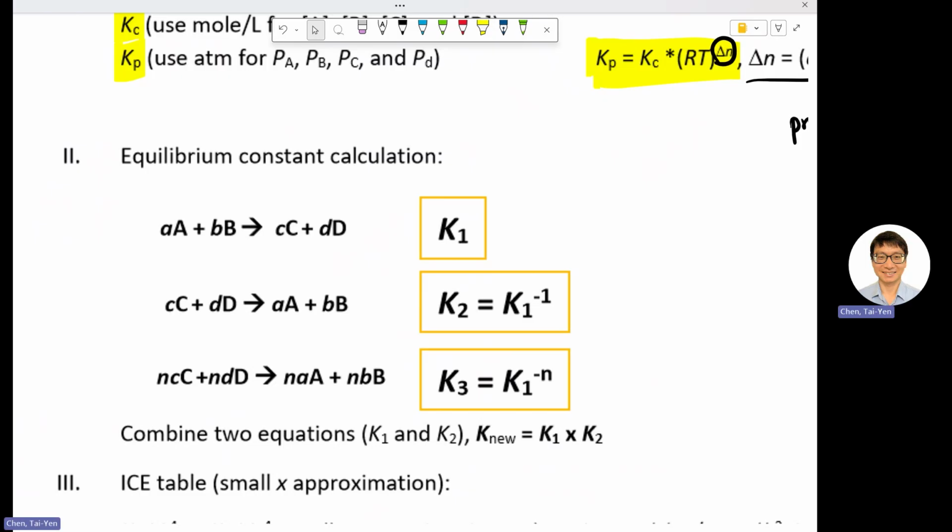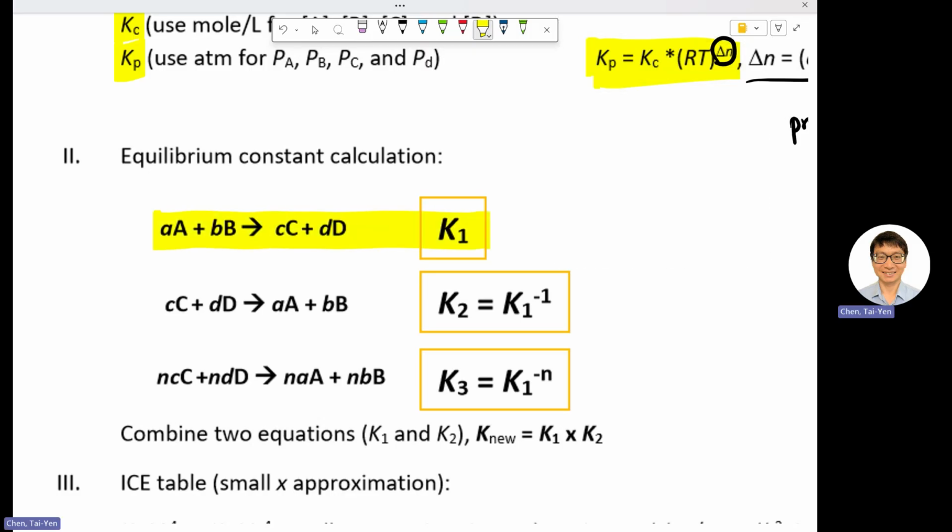This is another type of thing that the chemistry department wants you to know, and it's very simple. Whatever operation you do will be reflected in the exponent of your equilibrium constant.